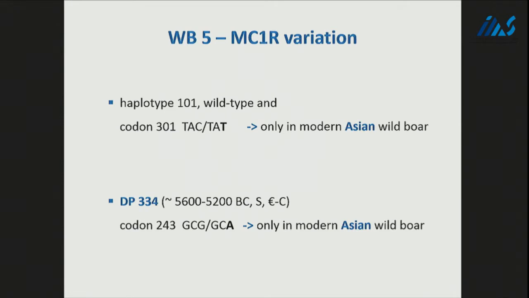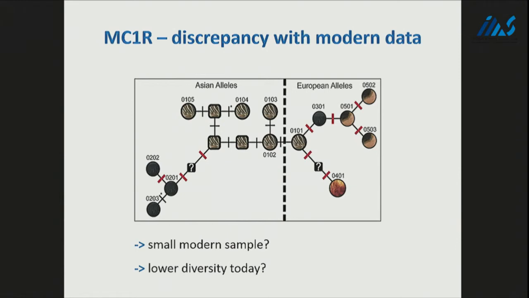So most likely, this animal or one of its ancestors picked it up from a wild boar, but how come that we see Asian alleles in a modern wild boar? According to this phylogeny, this is not supposed to be the case. These animals would cross somewhere in here. It's very difficult to consider this mutation because it was not part of this network at the beginning.